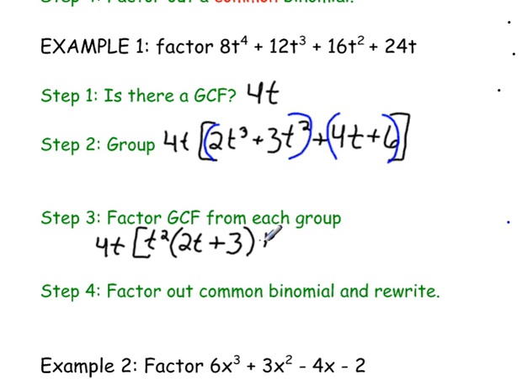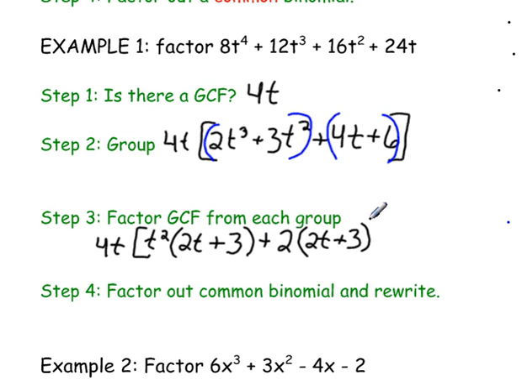Plus, what's the greatest common factor between 4t and a 6? It's going to be a 2. So I've got 2. And after I factor out a 2 from 4t, it leaves me with 2t. And a 2 factored out of 6 leaves me with plus 3.